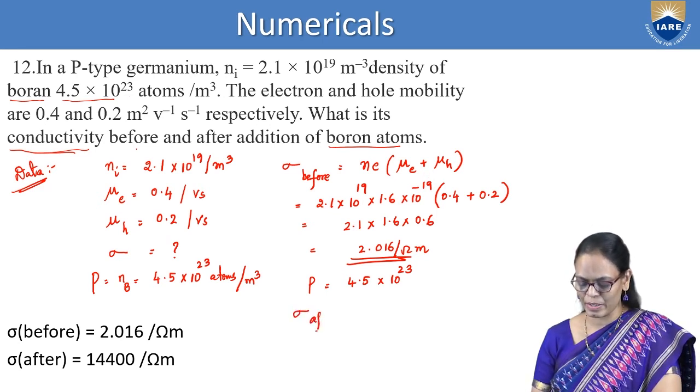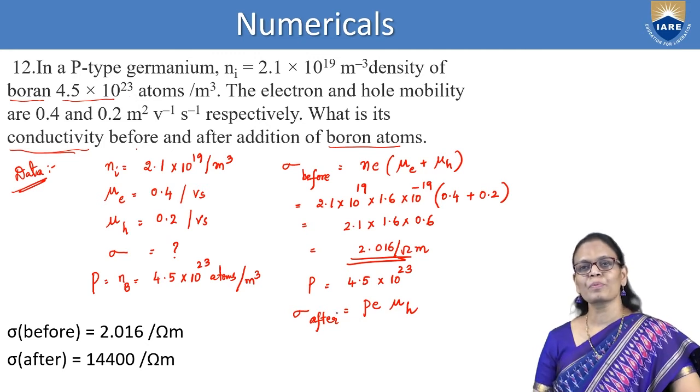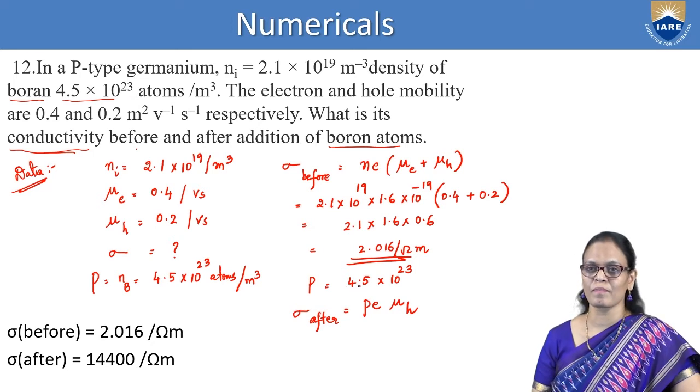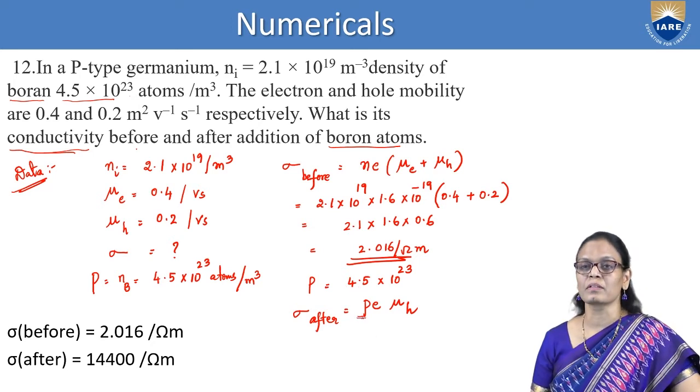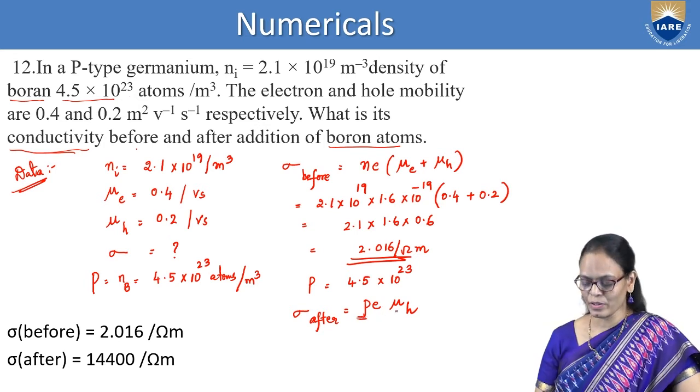Sigma after will be p e mu H. Hope you understand the formula, because it is now due to holes. I consider the concentration of boron atoms as p, and mu H is the mobility of holes.